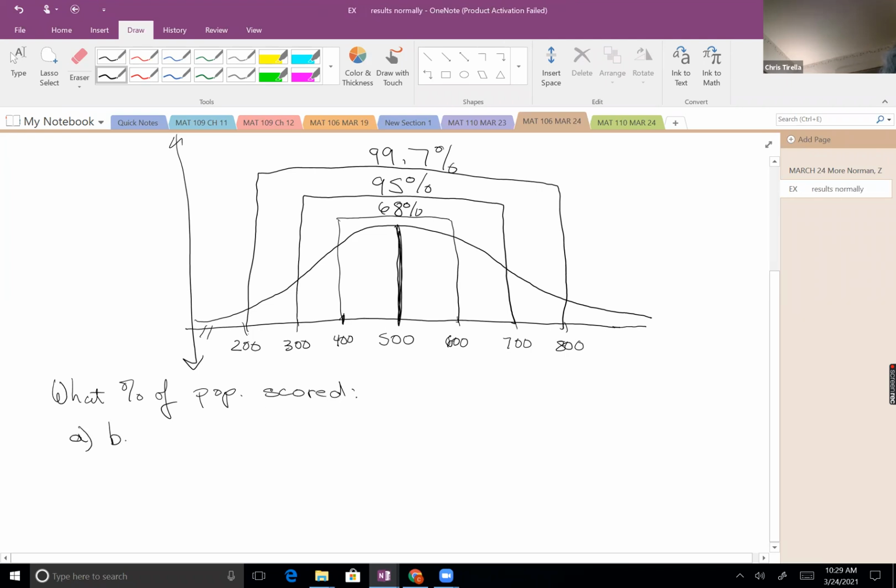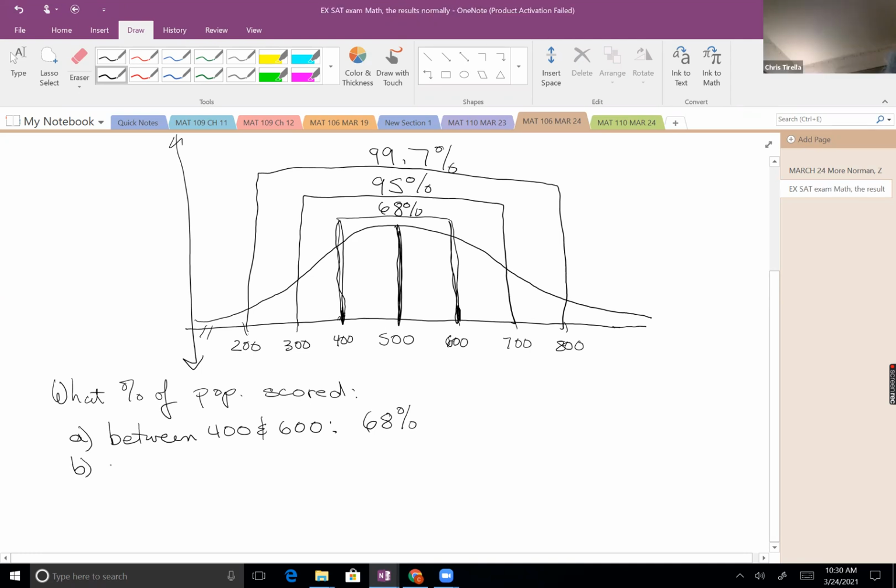First, let's find the percent that scored between 400 and 600. What percent of the population was between those two values? 68. Beautiful, 68%.